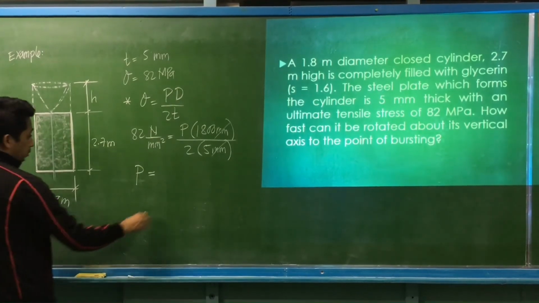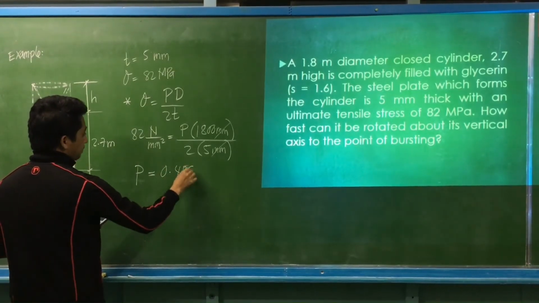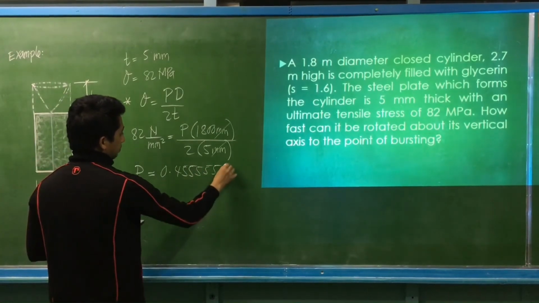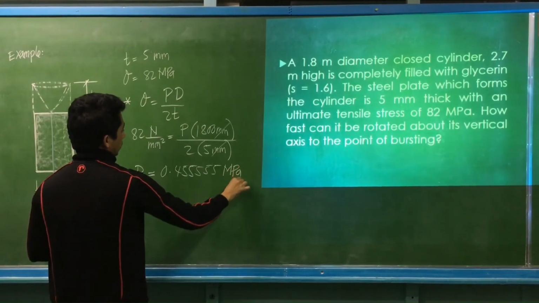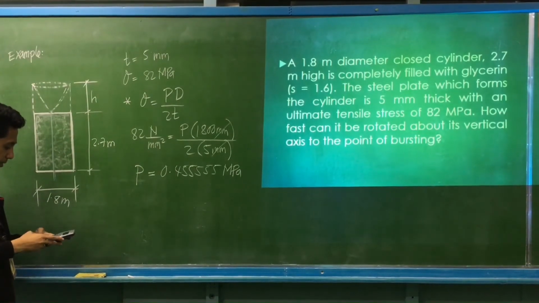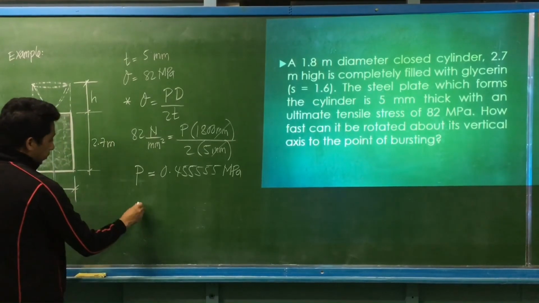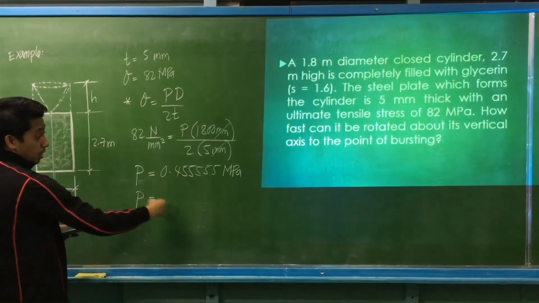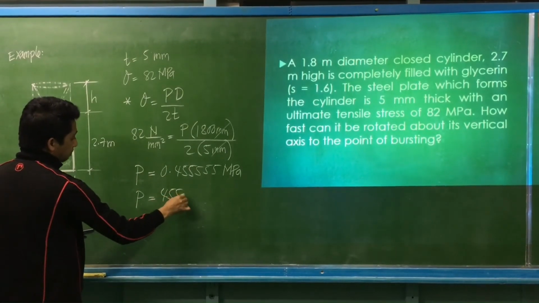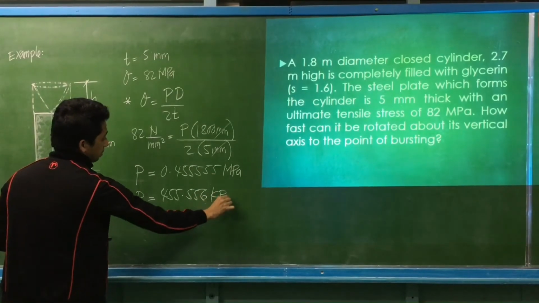Okay, so yung pressure dito will be equal to 455.555 and so on megapascals or newtons per square millimeter. So kung i-convert natin sa kilopascals times 1,000 lang tayo, 455.5 kPa.